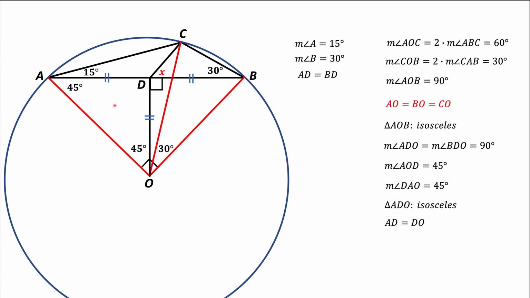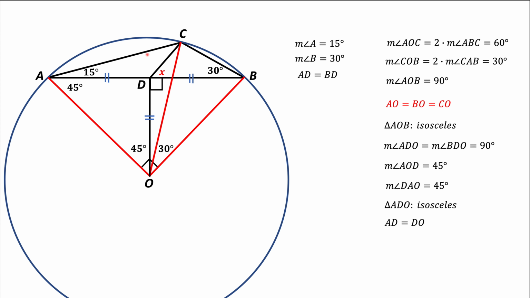The next thing we want to do is look at the big triangle ACO. What do we see here? We know that the angle AOC, this angle O for this triangle, is 60 degrees. We found it earlier. We also see this angle A is 60 degrees, 45 plus 15.